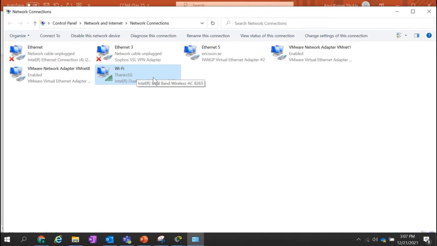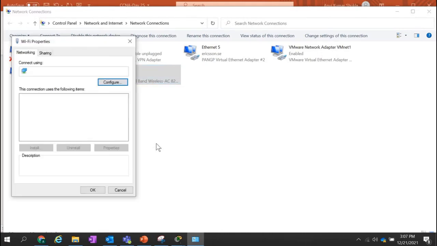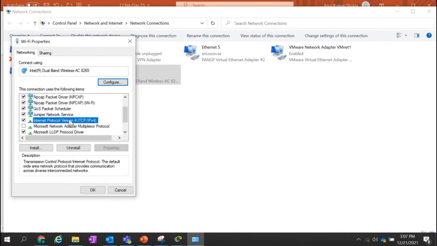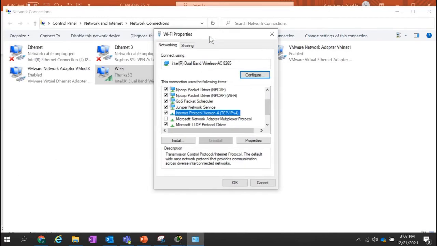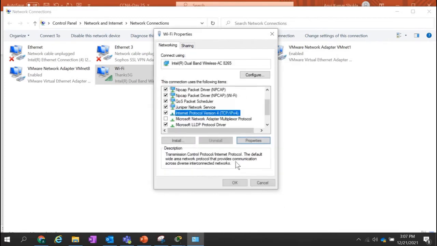Let me see the IP address in its properties. Here I'm using the IPv4 address. Let me see the properties. No, I cannot see it here. How can I see it?